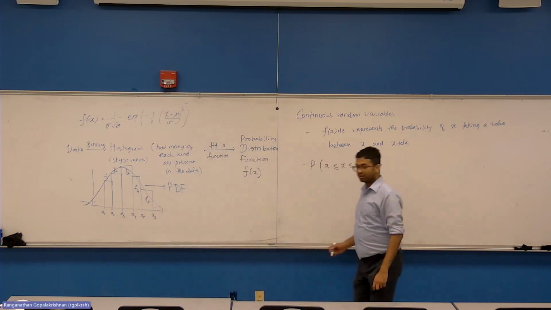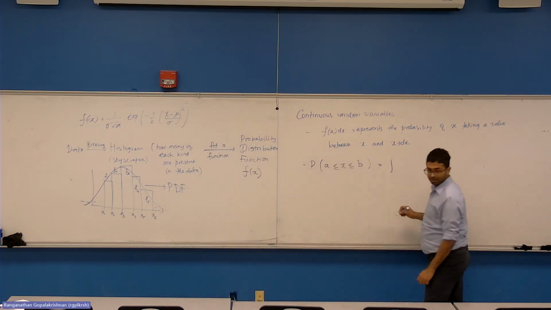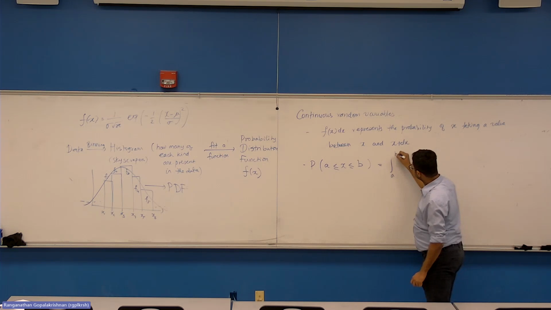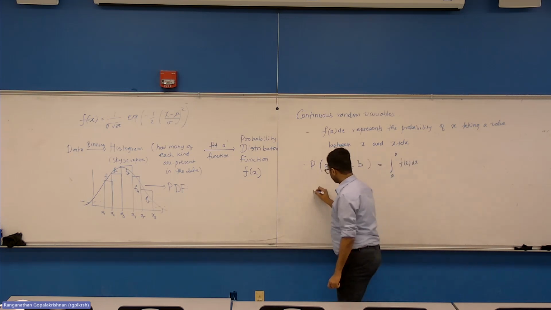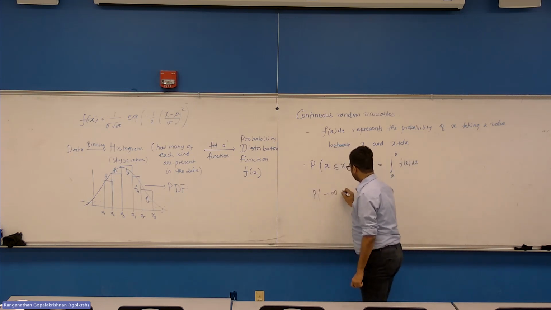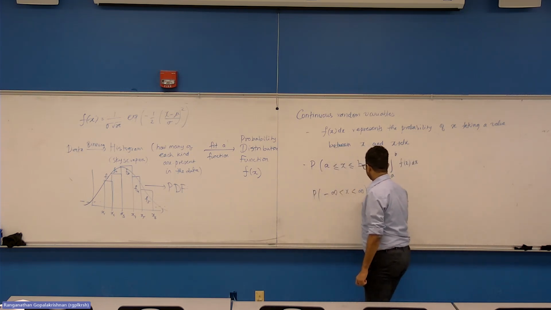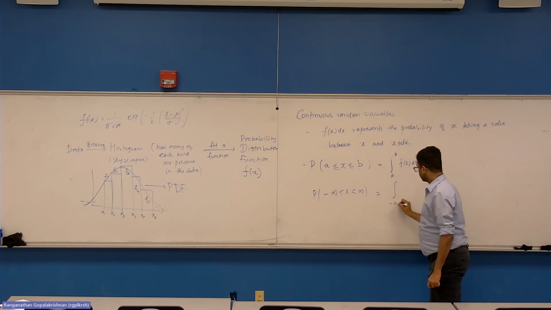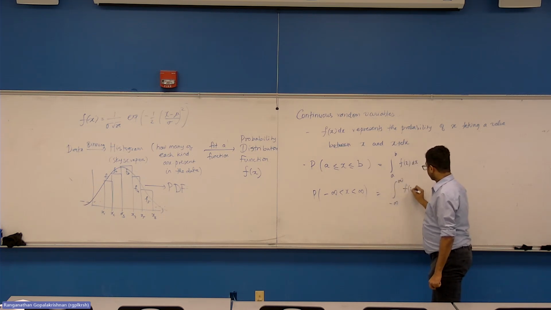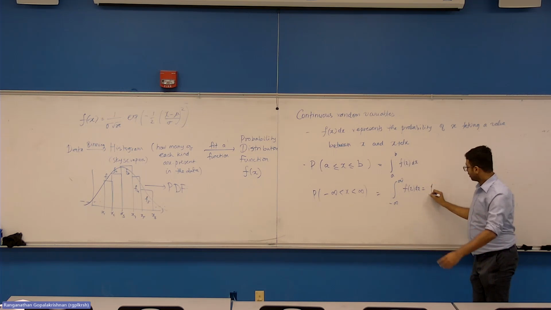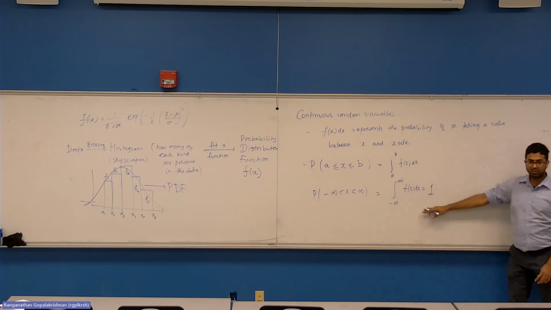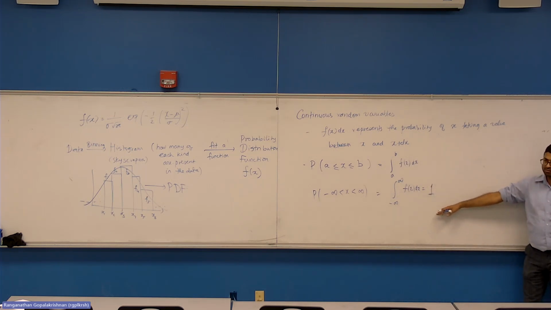Yes, it's the integral from a to b of f of x dx. What is the probability of x assuming any value between minus infinity and plus infinity? That is the integral from minus infinity to infinity of f of x dx, and this is equal to 1, because this is the sum of all possible outcomes. This has to be 1.